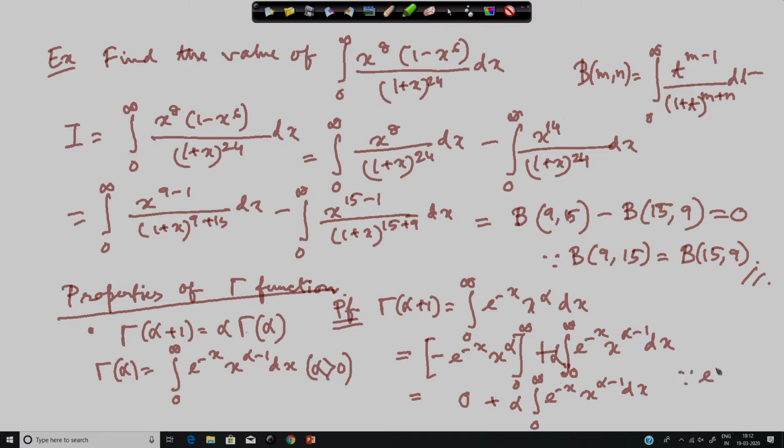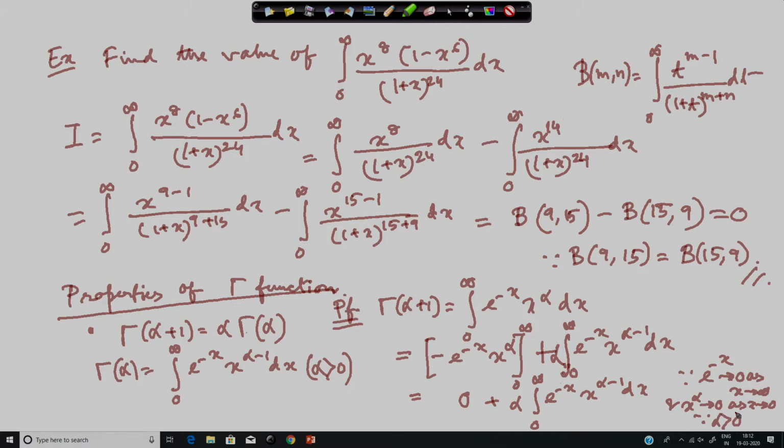Since e to the power minus x tends to 0 as x tends to infinity and x to the power alpha tends to 0 as x tends to 0 since alpha greater than 0.